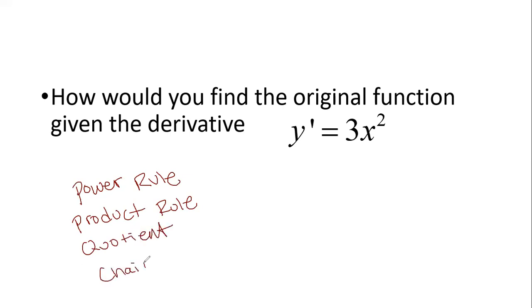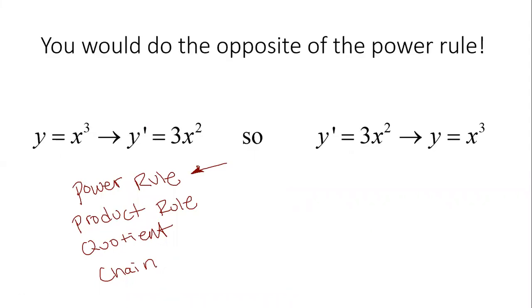Now, these are our 4 typical ways that we've talked about throughout this year to be able to find derivatives. Today, we're going to be primarily focusing on undoing the power rule. Okay, this is going to be our main objective today.